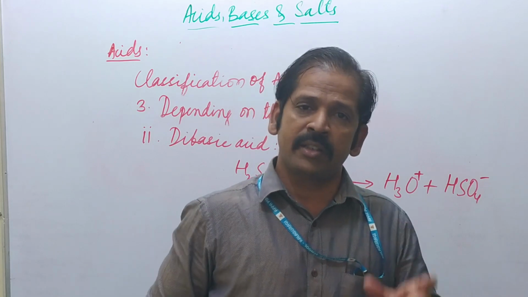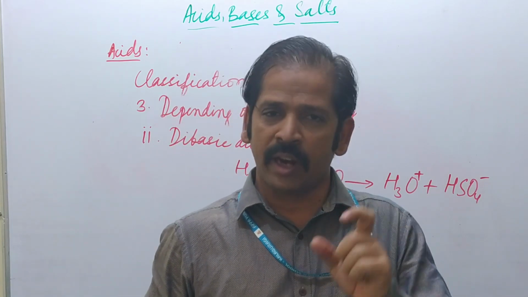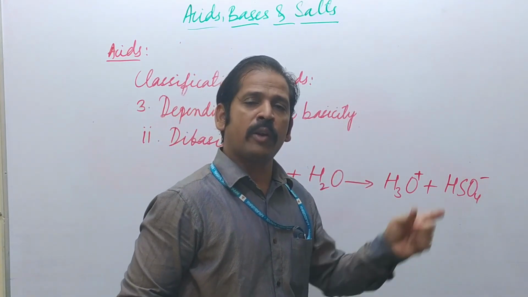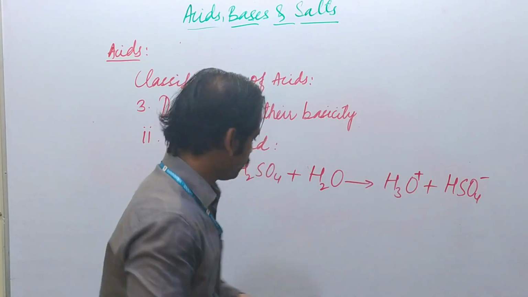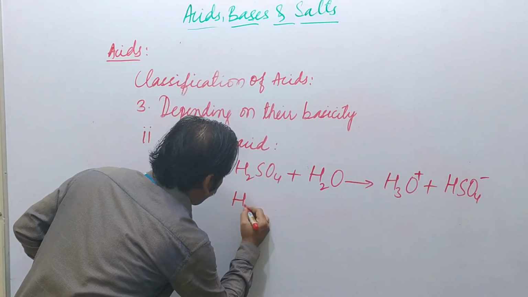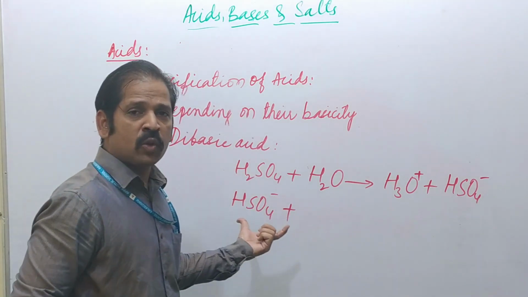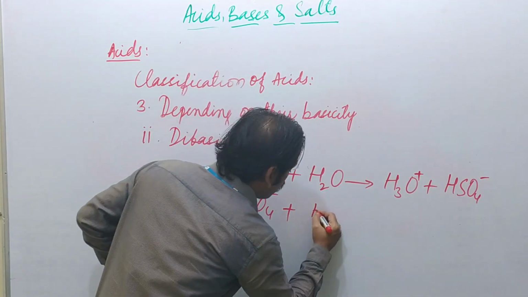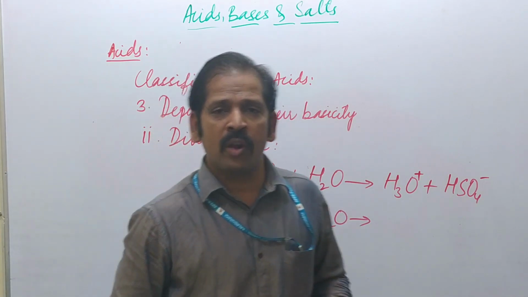Now what happened? Still the hydrogen remained with the SO4. So I have to remove that. Once again there will be a reaction, because HSO4 is a negative ion, it reacts with one more molecule of water.